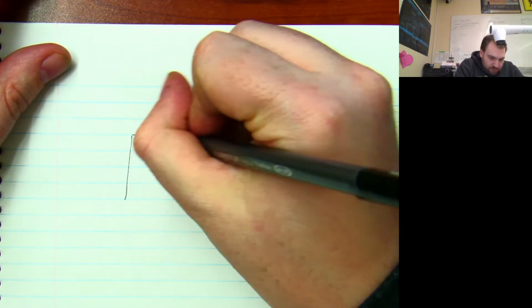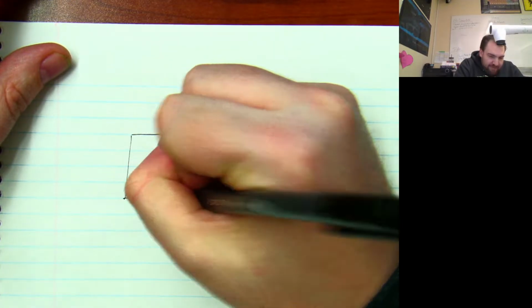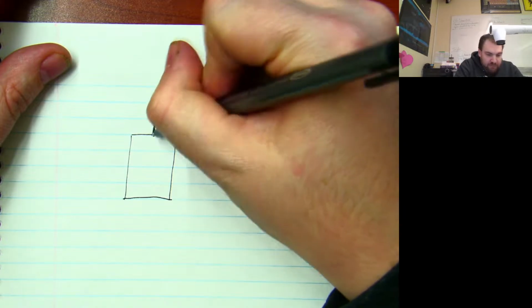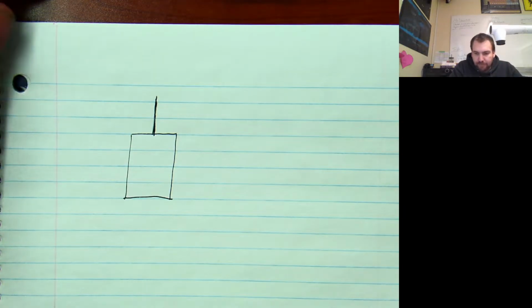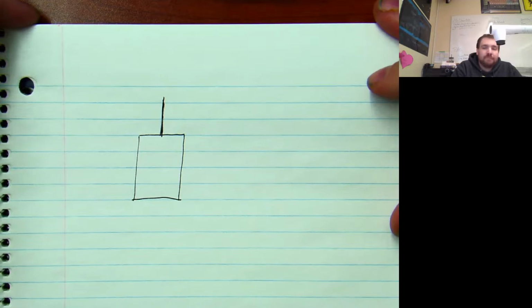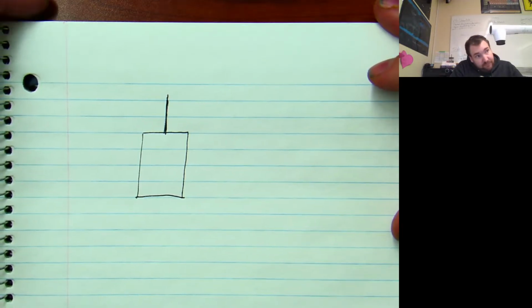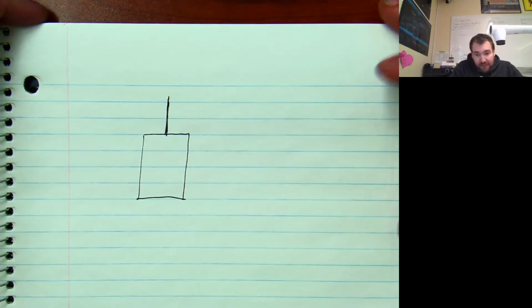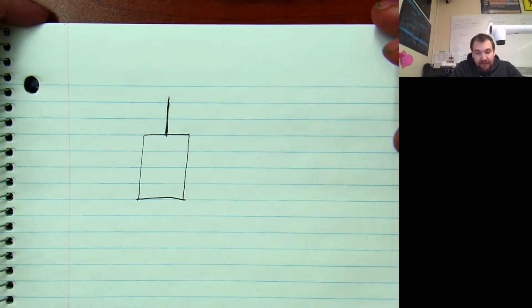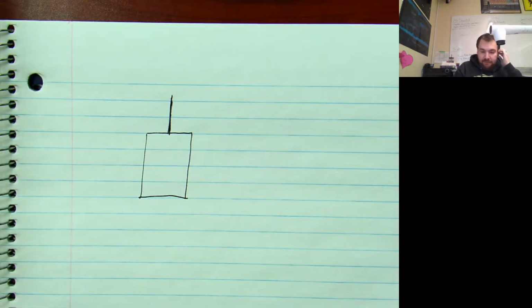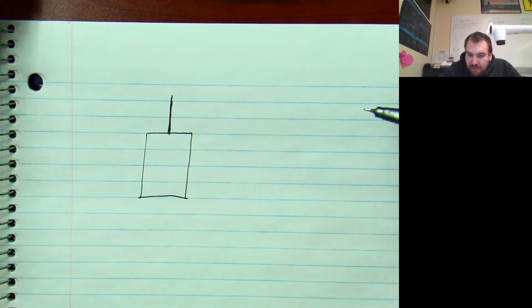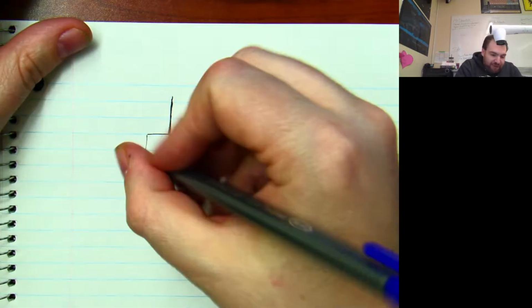So, there's my elevator, here's my cable. Correct me if I'm wrong, but that's with the full load, right? That's why they told us 15 people, 80 kilograms, yeah. So, I need to draw my forces. Gravity for the elevator.